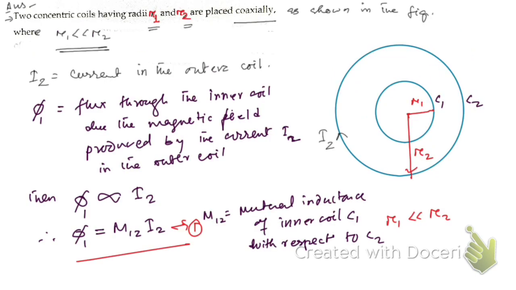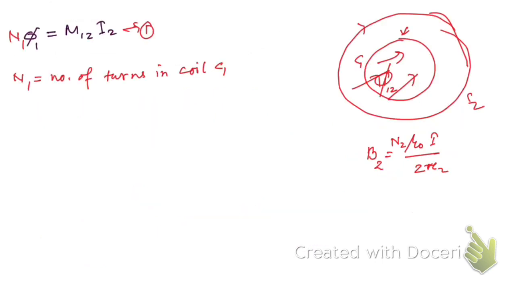Let me go back to the previous slide. Here we should have n1, okay. Now n2 is the number of turns in coil C2.